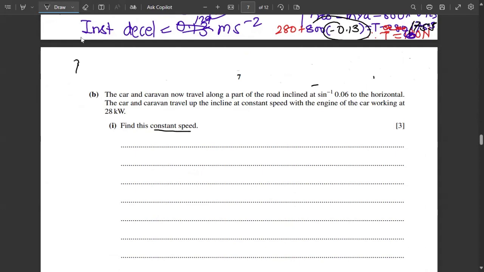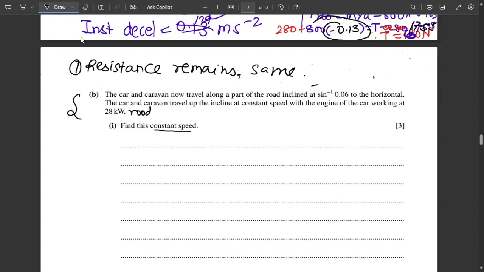Now, one thing you need to remember is resistance force remains the same. Because they have not mentioned the road is smooth or the road is rough, and a new value of mu is not given. They have not mentioned all of this. That means we have to go with the same thing given in the previous question.